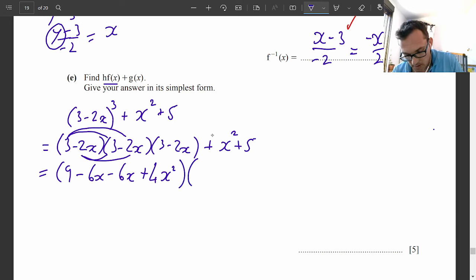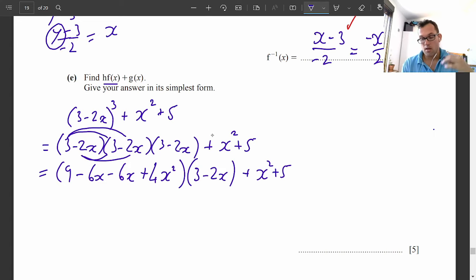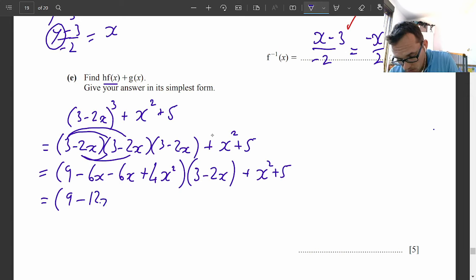We still have another 3 minus 2x, and then hanging up at the back is the x squared plus 5. Don't lose it. We can simplify that first bracket we did. So that would go as 9 minus 6 minus 6x is not positive. We're not multiplying. We're simply moving up and down the number line. That will be negative 12x plus 4x squared.